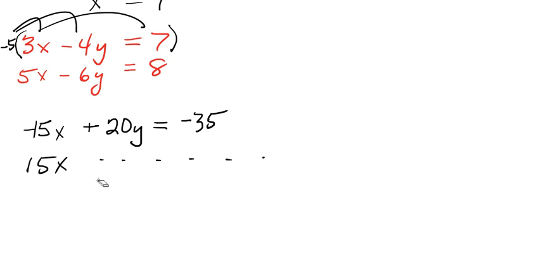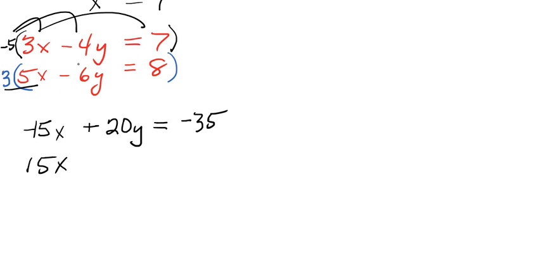All right. So now let's focus on the second equation here. What number should I multiply this second equation by to get this positive 15? 3. See that? So I get positive 15x when I multiply these two.